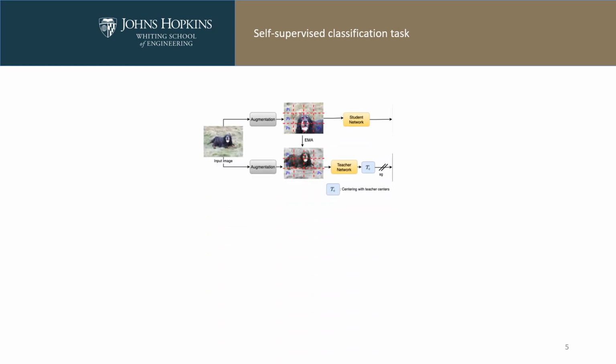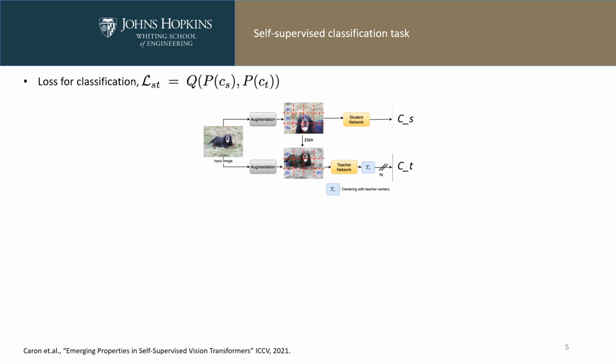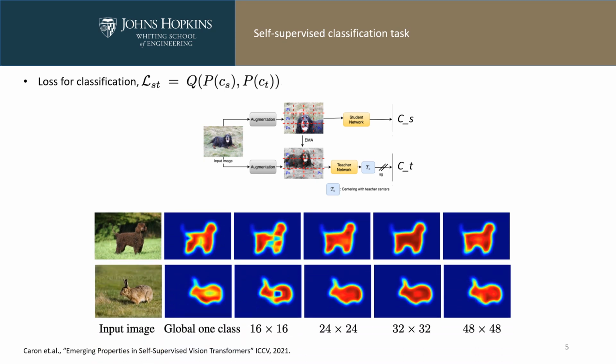To train the classification task in a self-supervised manner, we follow the well-known student-teacher technique introduced by Karen et al. But training the classification task using a single global class label might not give good quality class activation maps.